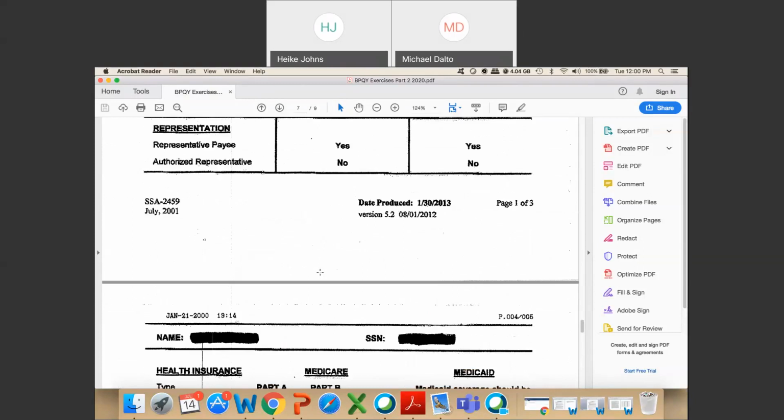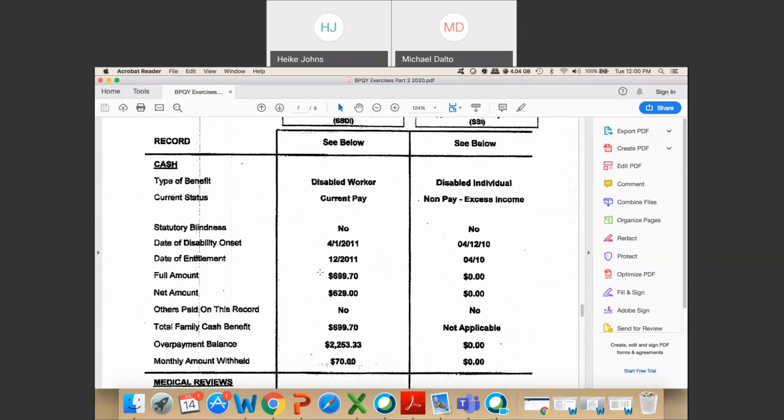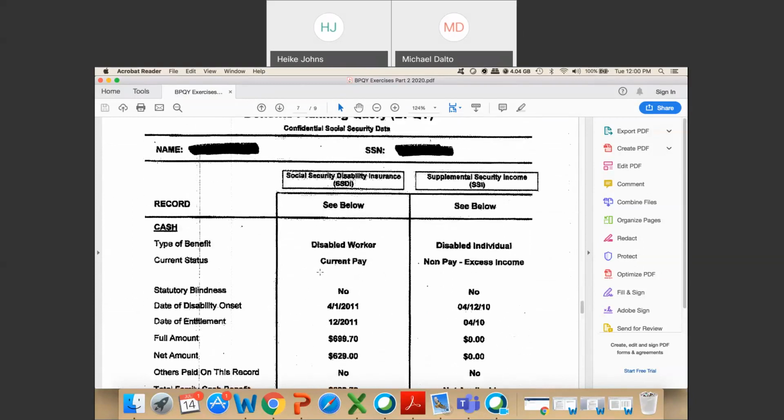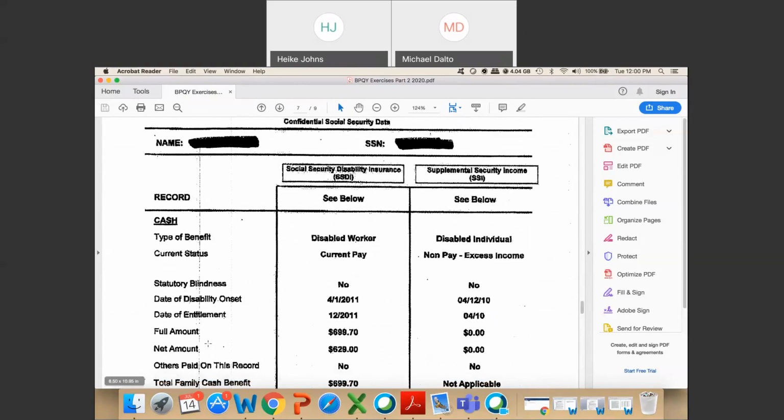Now, why is that an issue? Well, if we look at page 1 of this BPQY, we can see this person is a disabled worker getting a benefit, that's SSDI. In the SSI column, it says disabled individual, non-pay, excess income.